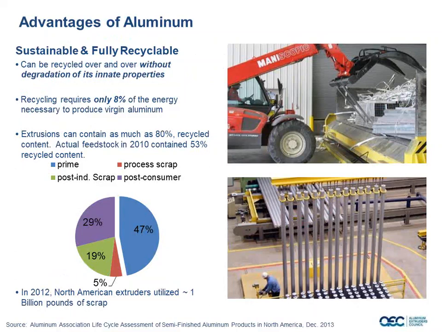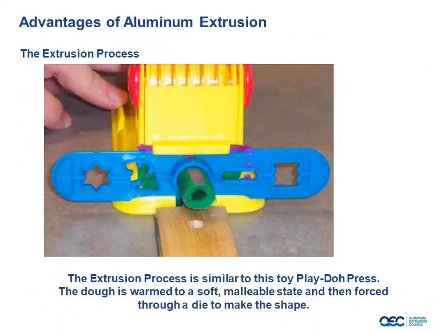That's one of the reasons aluminum has been widely recycled for years and years and will continue to be so. Within the extrusion industry itself, typically more than 50% of the aluminum that is used is recycled in some form or fashion, although much of it is the turnaround scrap that's generated within the facility, but much of it is also purchased from outside sources as scrap aluminum.